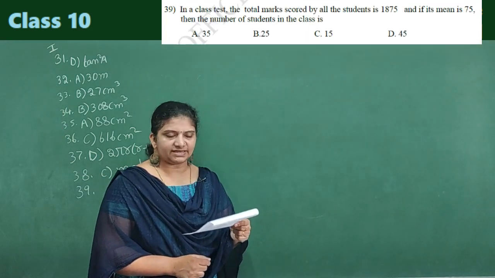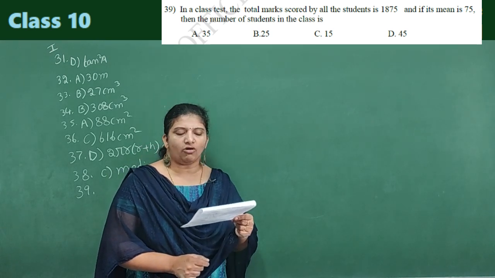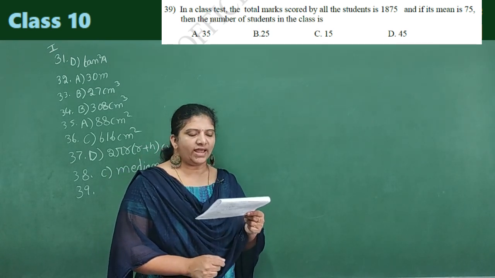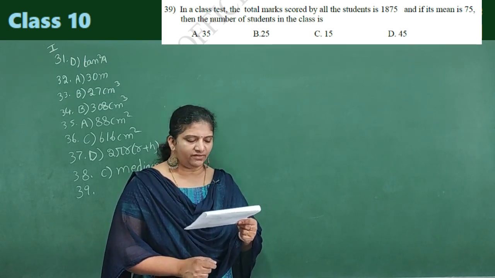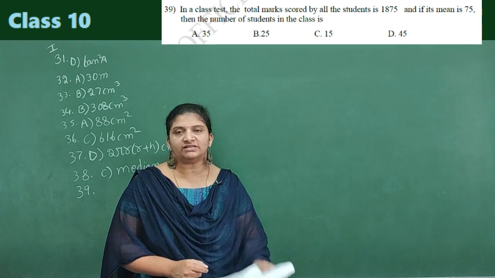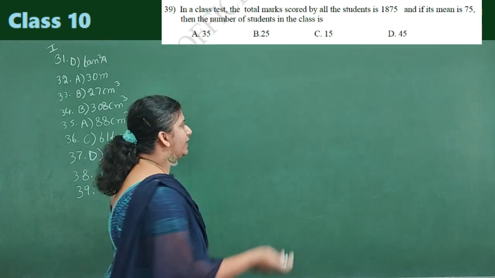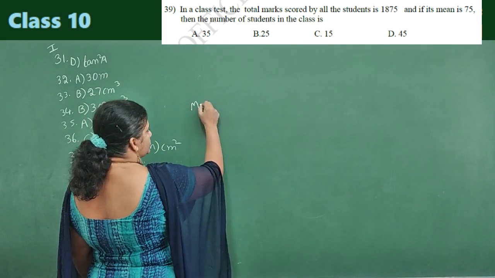39th, in a class test, the total marks scored by all the students is 1875. And if its mean is 75, then the number of students in the class is, we are going to calculate here the number of students.